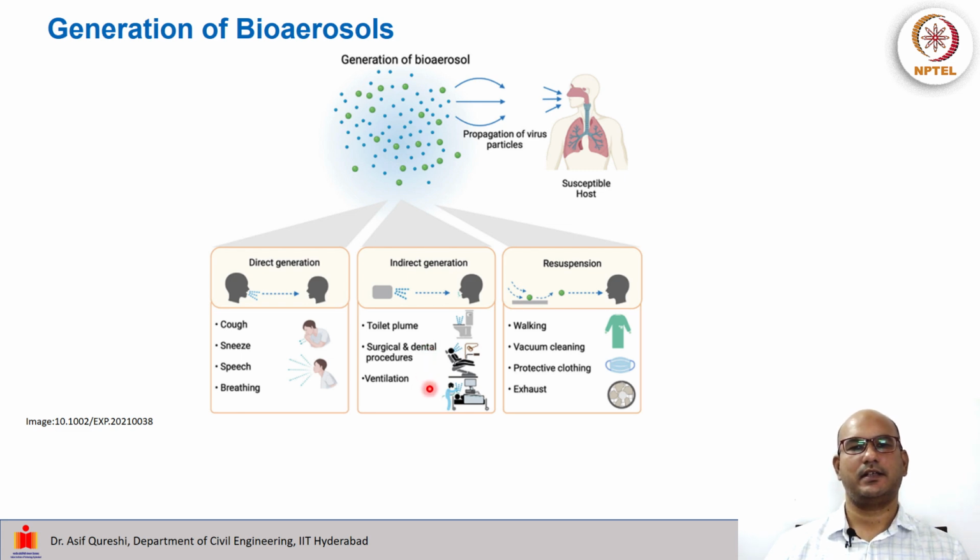And the ventilation: bioaerosols coming from outside to the inside can again become part of the indoor bioaerosol setting. We can also have resuspension of previously settled bioaerosols, which may be part of dust or other particulate matter.